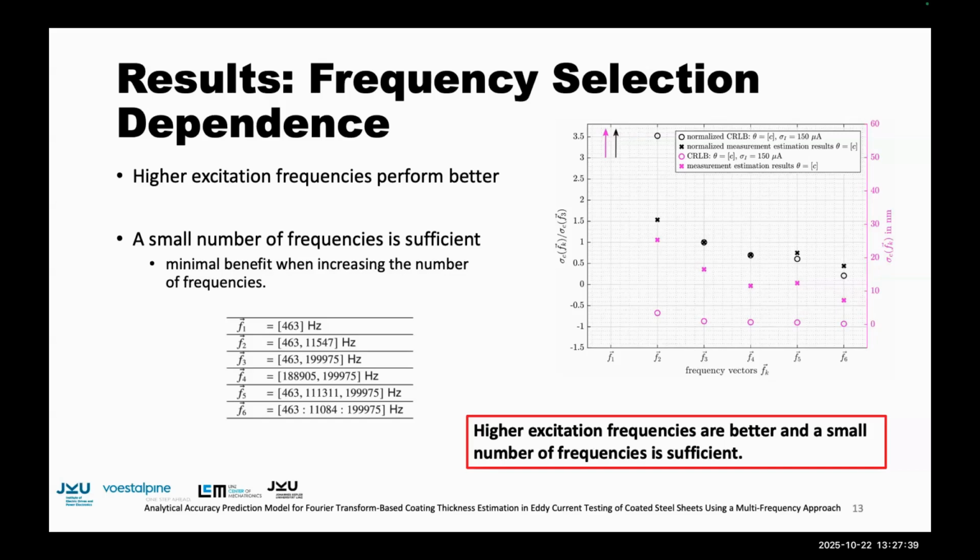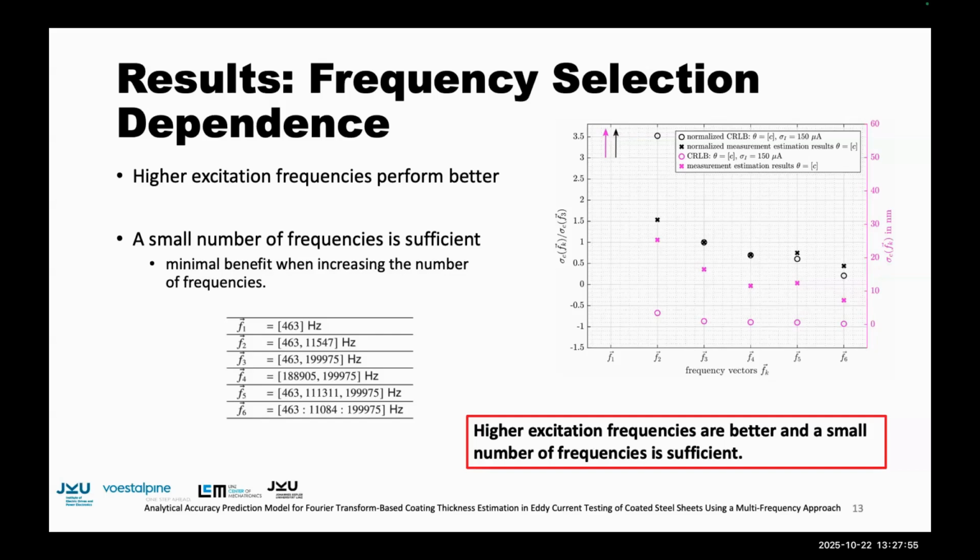If you compare now frequency vector 4 with two high frequencies with frequency vector 6, which consists of 19 excitation frequencies, you can see there's just a little bit of benefit if you use more excitation frequencies.